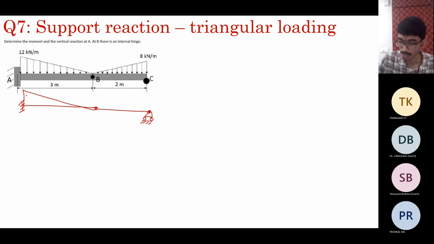Have a linearly distributed load on both sides. Now what is required? We need to determine the moment and the vertical reaction at A. And we have an internal hinge at B.